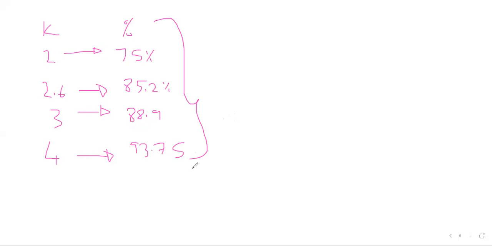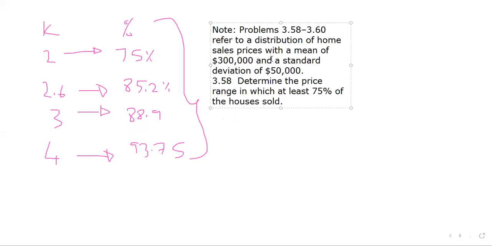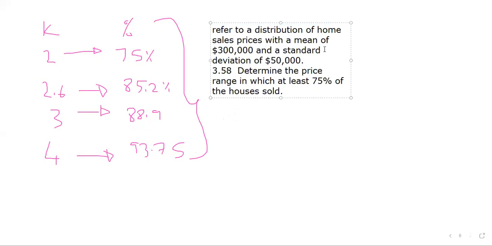All right, so we go back to our question, which we were trying to confront. In our question, suppose the mean is 300,000, the standard deviation is 50,000.